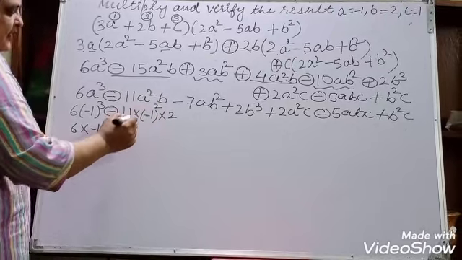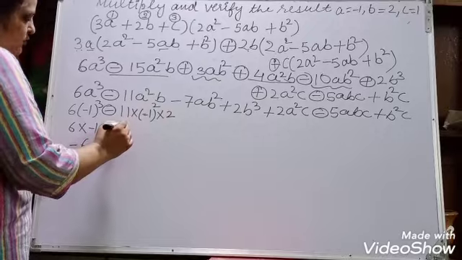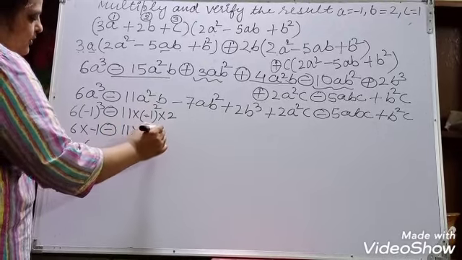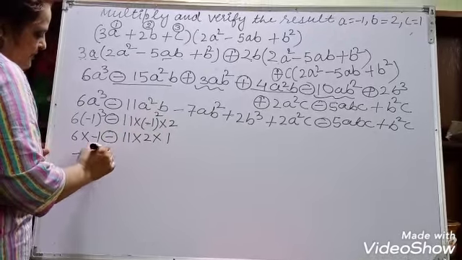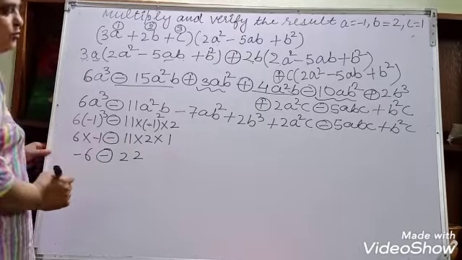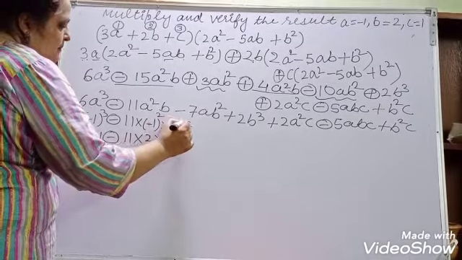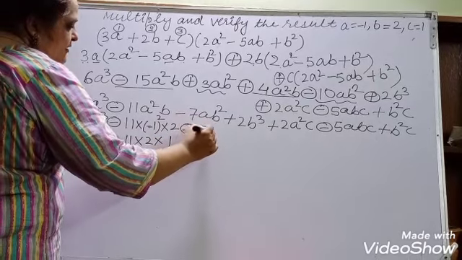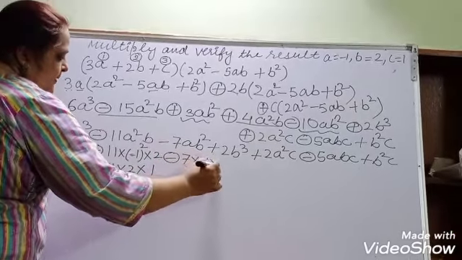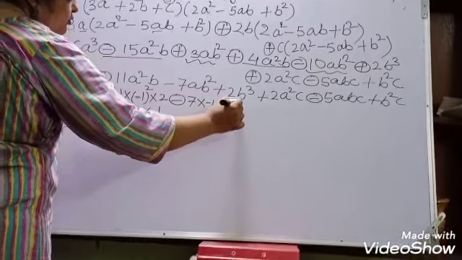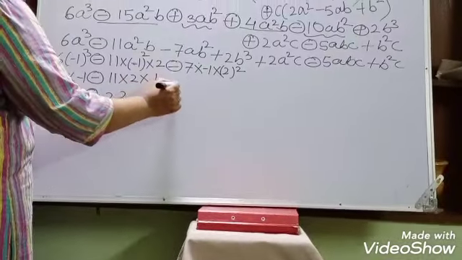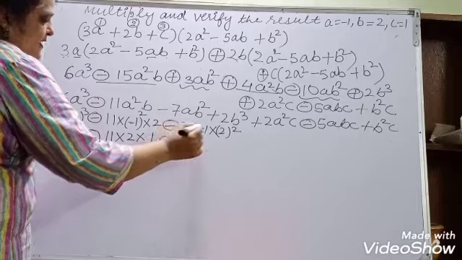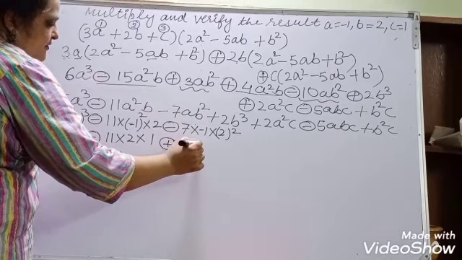Minus 1 will become plus 1. So 11 into 2 into 1 will become minus 22. Then the next one, minus 7a b square, a is minus 1 and b square is equal to 2 square. So it will become minus plus 7 into 4.